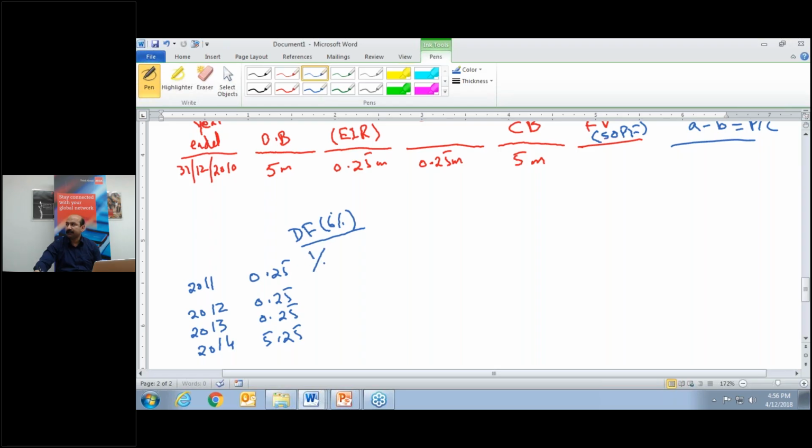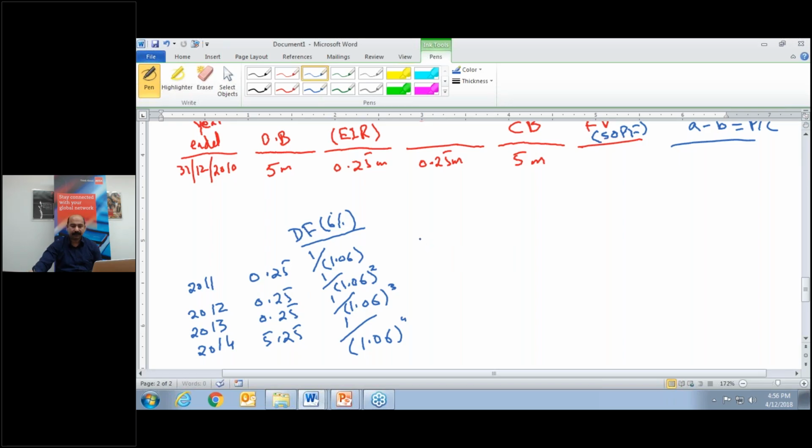So for the first year, this will be the factor, and for the second year, this will be the factor. For the third year, this will be the factor, and this is the factor for the fourth year.